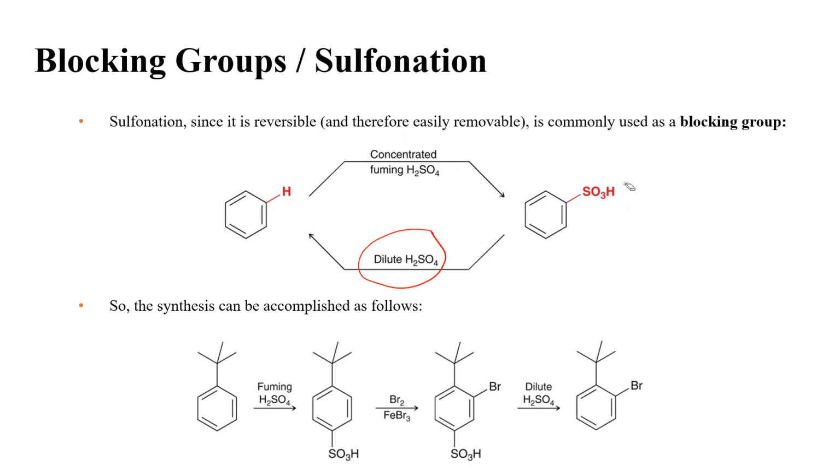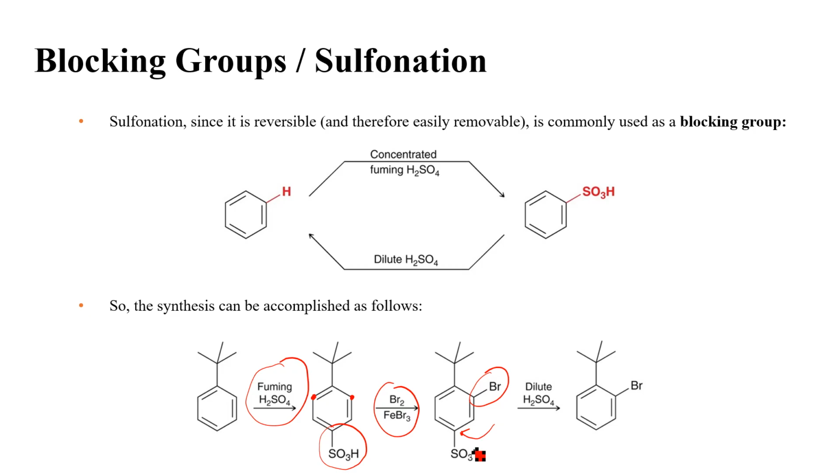Because now we can use a sulfonyl group as a blocking group, right? So now if I use fuming H2SO4, it's going to add at the para position. Now we've blocked the para position. The only other positions available to functionalize are these ortho positions, okay? And now when you have Br2 and your Lewis acid, you're going to force the Br to go on the ortho position because the para position is blocked.